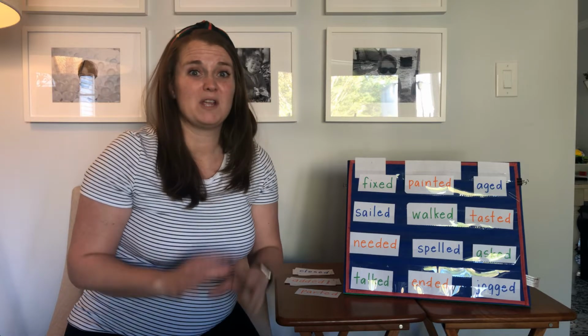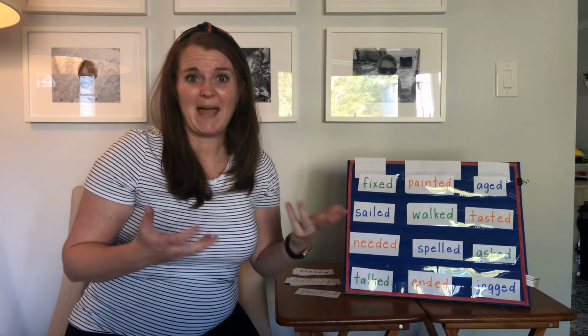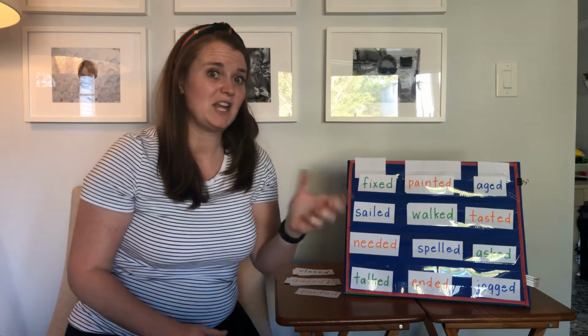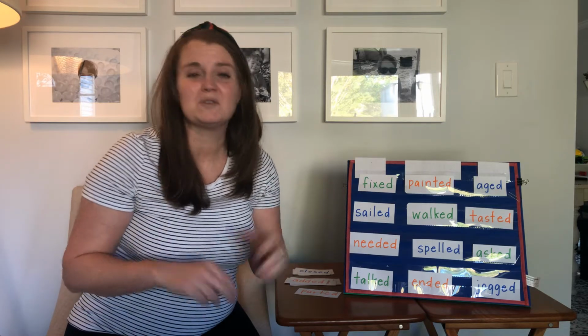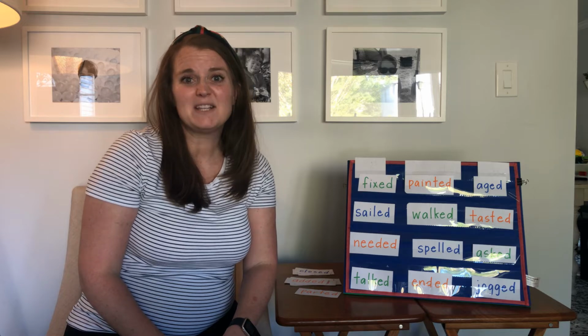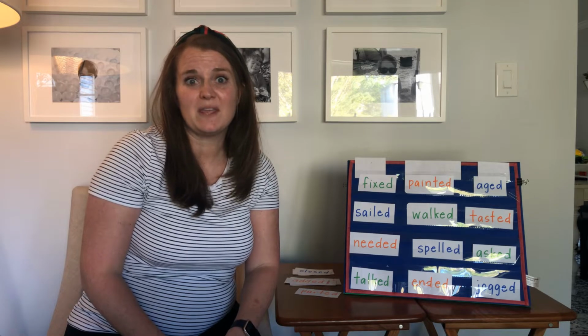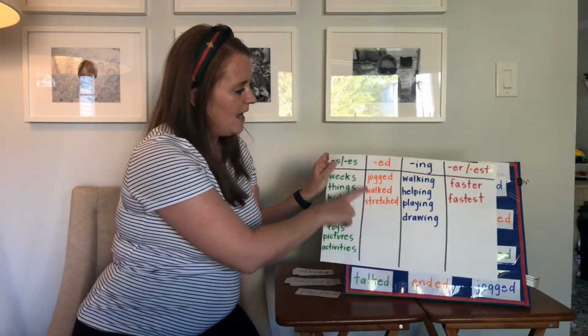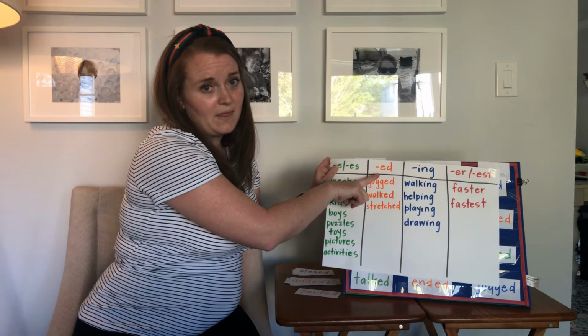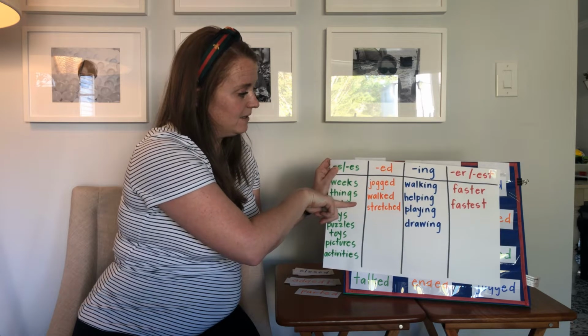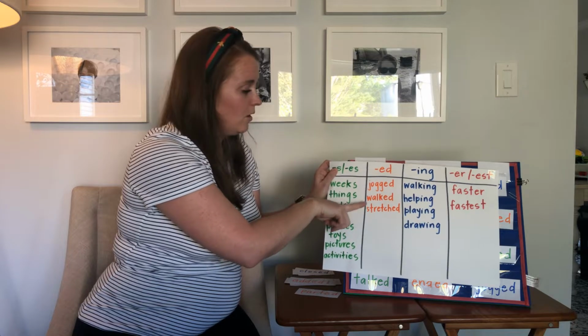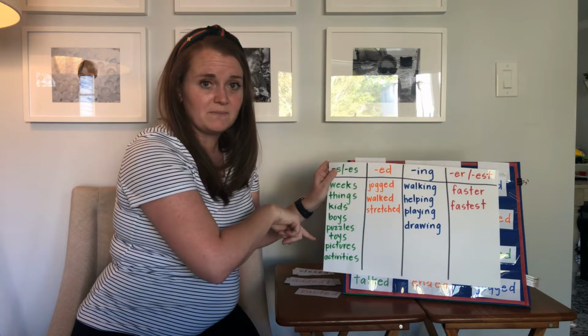We talked about how we can create rules from what we notice about patterns or how suffixes change the meanings of words. We talked about these rules we can make to tell us why certain suffixes do certain things to change the meaning. So, for example, today we are going to focus on the suffix ed. Yesterday we made our chart, and in our chart, the ed ending was in words like jogged, walked, and stretched.